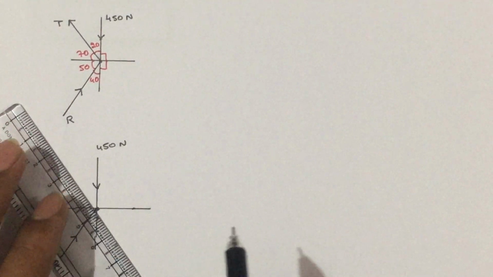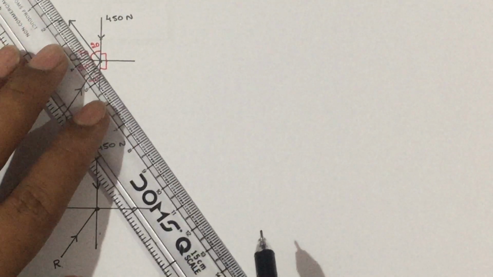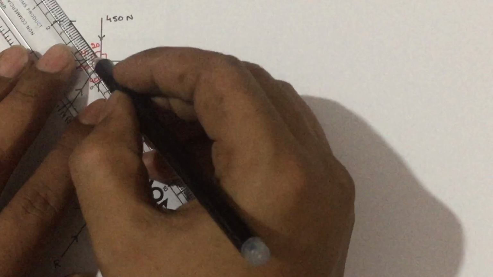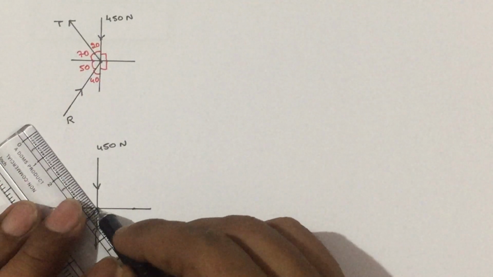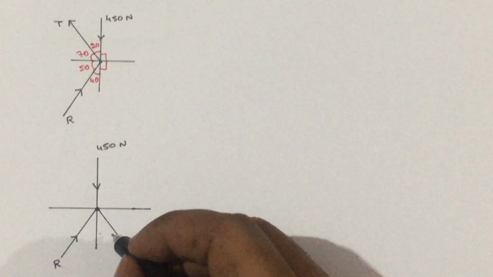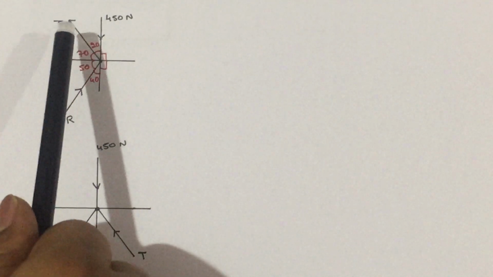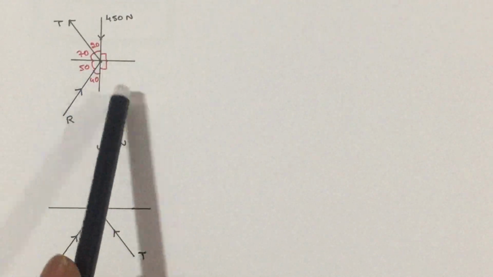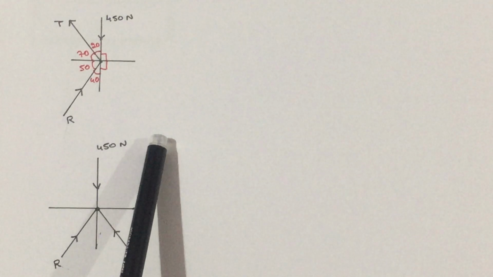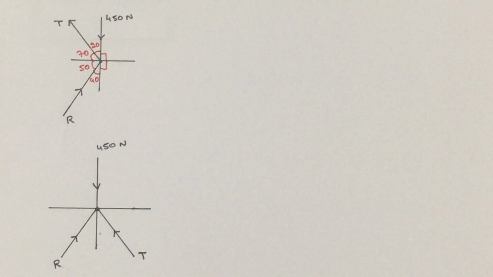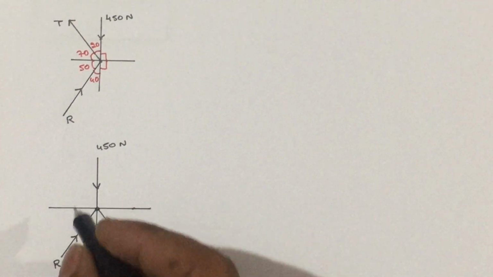We can rewrite the same force along the same line. Instead of writing here, I will write it here. As per the principle of transmissibility of forces, as you have studied earlier, if we transfer a force from one point to another point along the same line, there will be no change in effects. So, we can write like this.